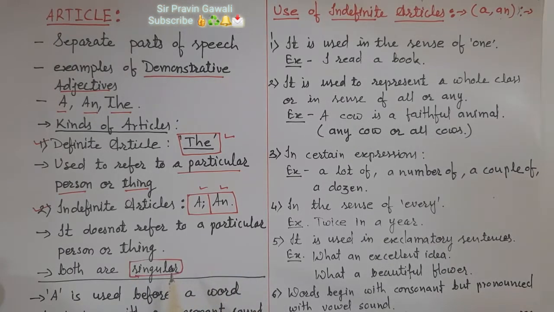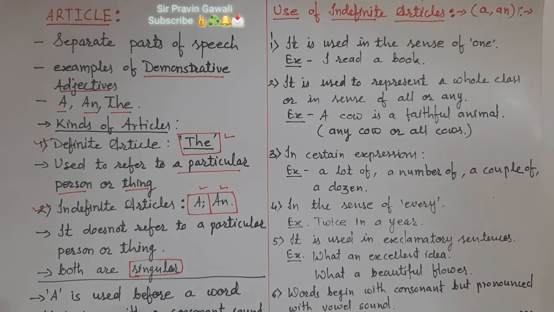It means if you want to refer to a singular noun, then we can use a or an. Okay students? But in what conditions do we use a and an? Okay, let's get more information about it now.